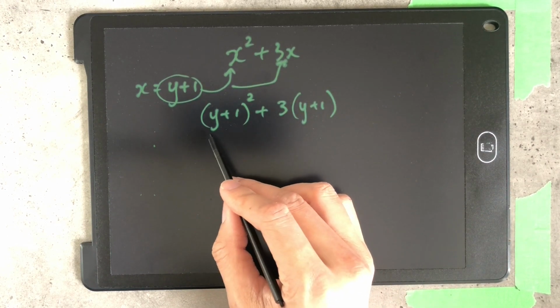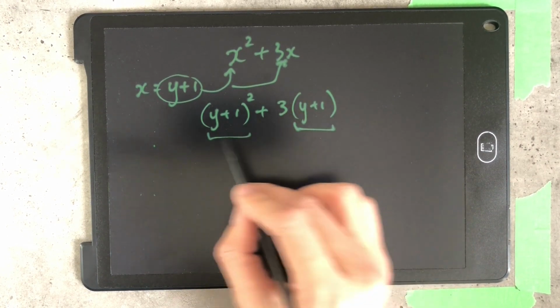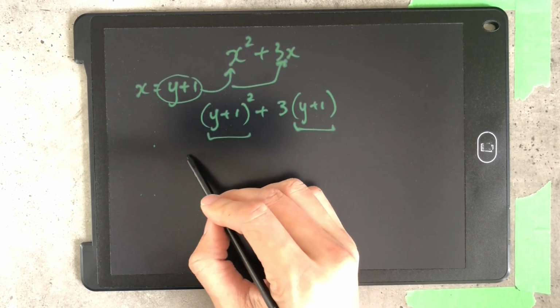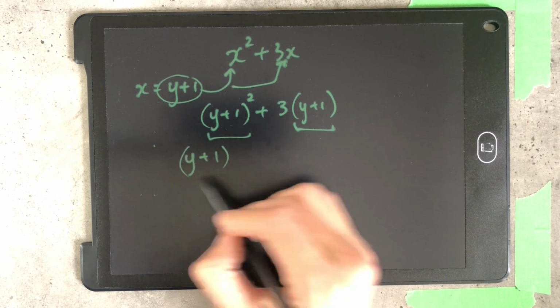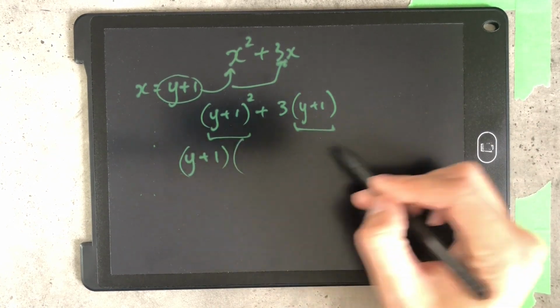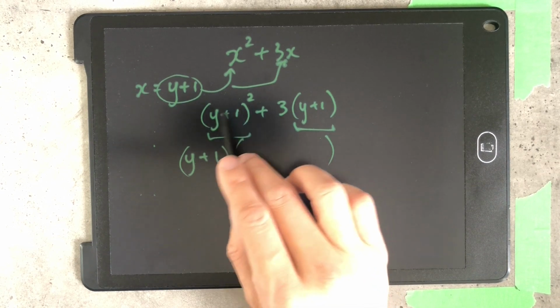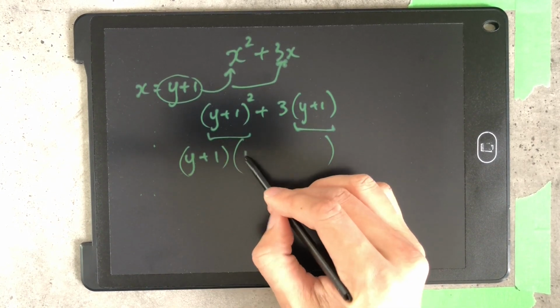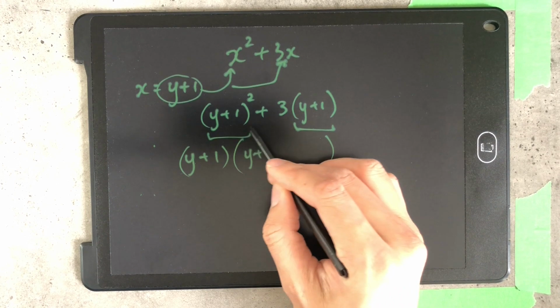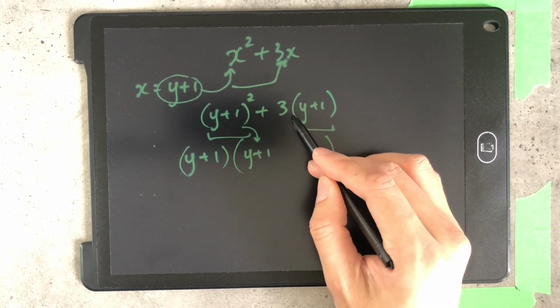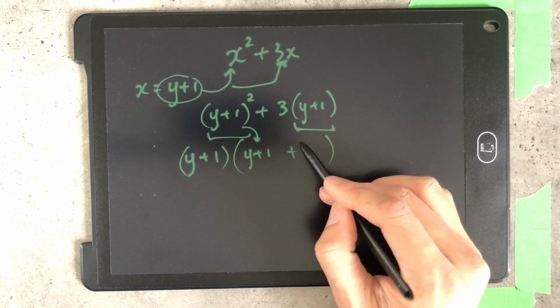Now you notice that since both terms have y plus 1 here, we can take out the y plus 1 in front, and let's have a big bracket here. Since this is a square, I take 1 out, I have another copy here. And for 3 times y plus 1, I'm taking out the y plus 1, so I have 3 here.